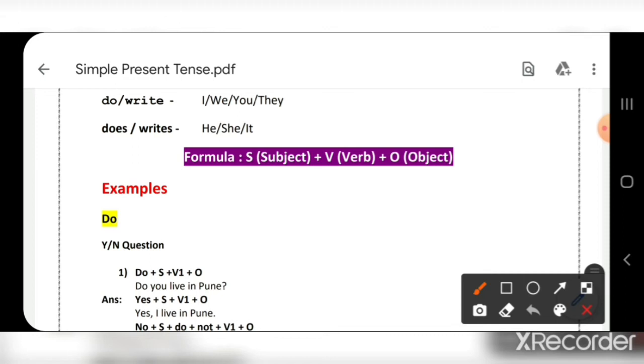Now, how do you make videos? That was our last question. So is it clear? Now we have learned the positive sentence, yes no type question, and wh question of this first one, with I, we, you, they.